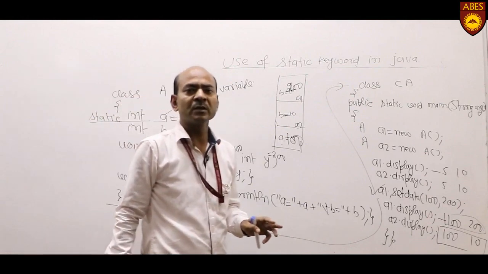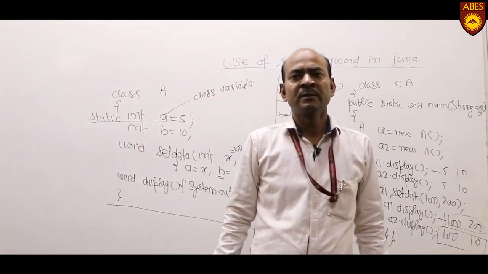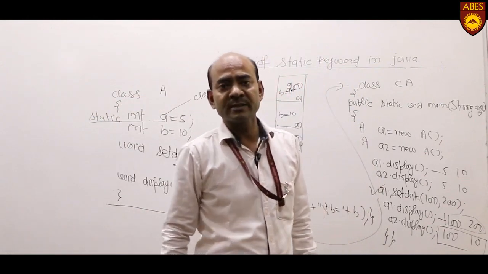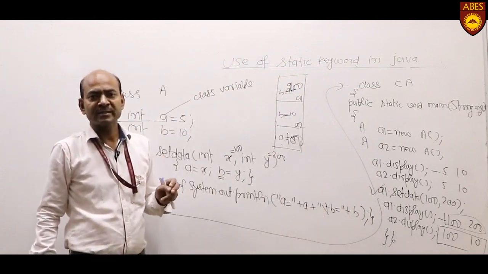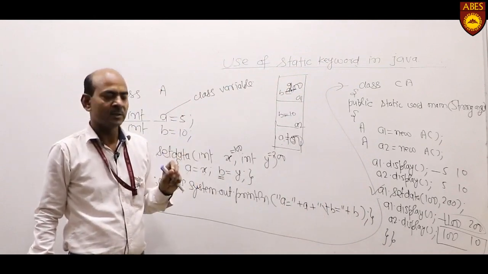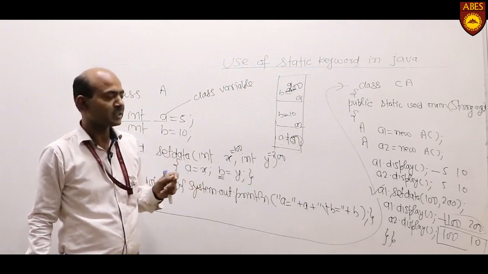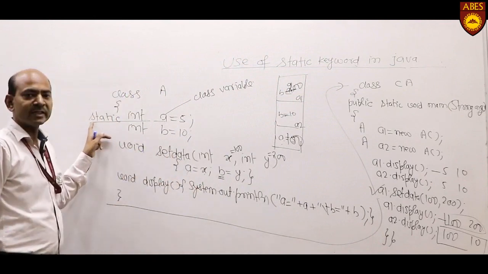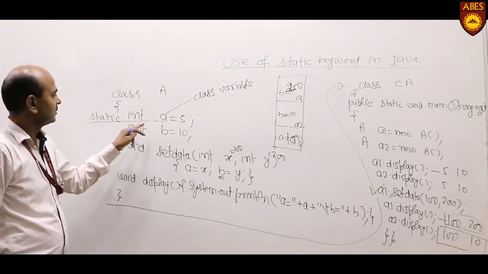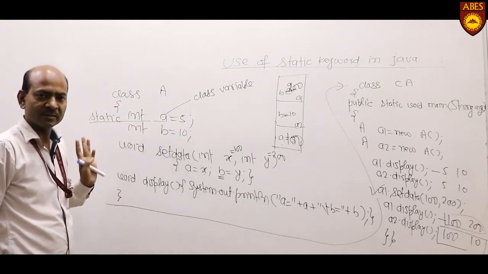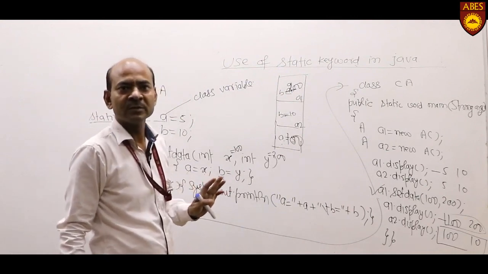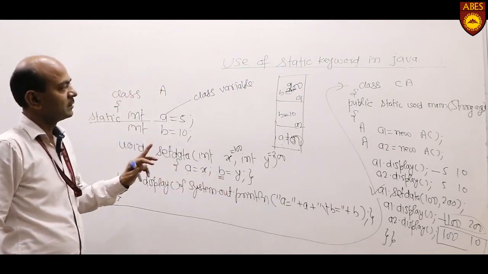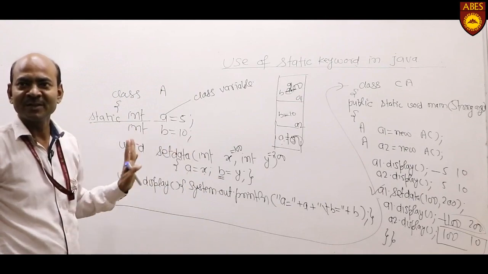There could be several examples, like the problem of mutual exclusion, where several objects can share a common variable. In those cases we can use the static modifier before the data member of the class. Okay, so this is about the static modifier used before a data member of the class.